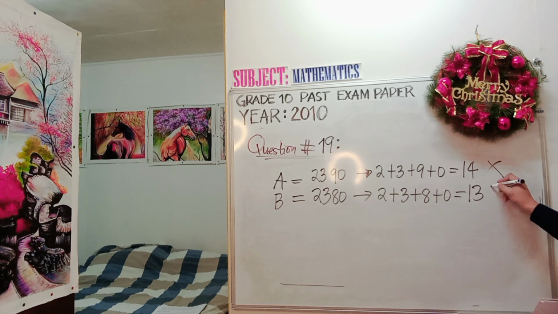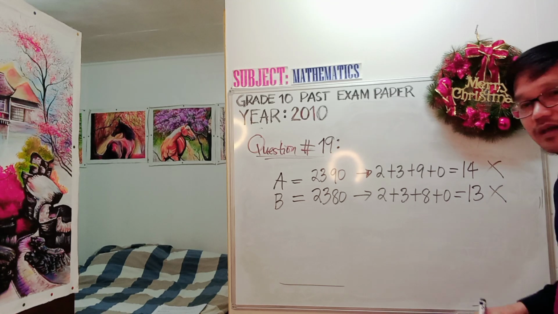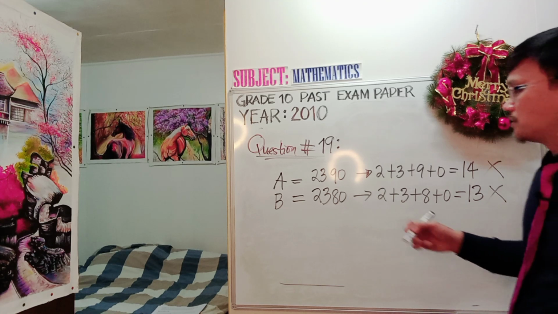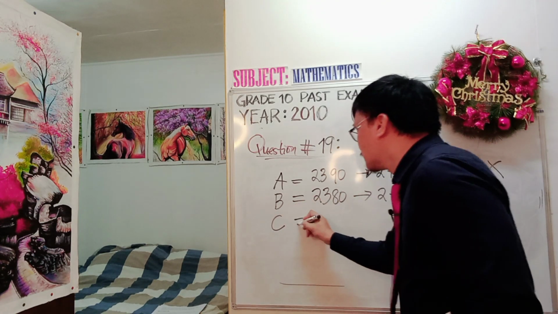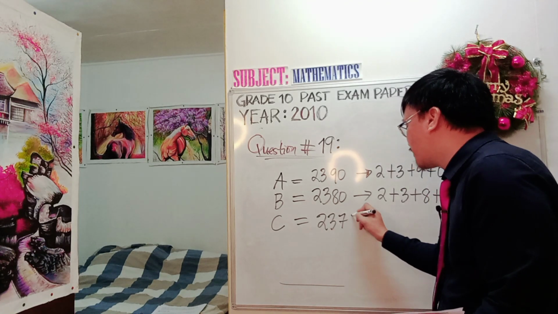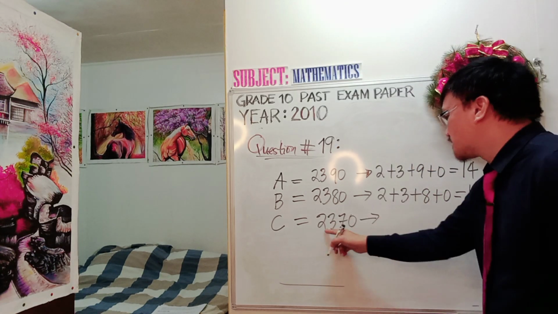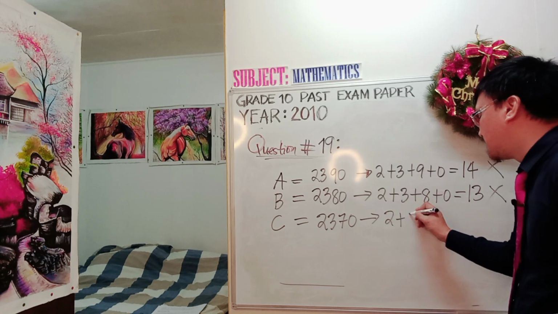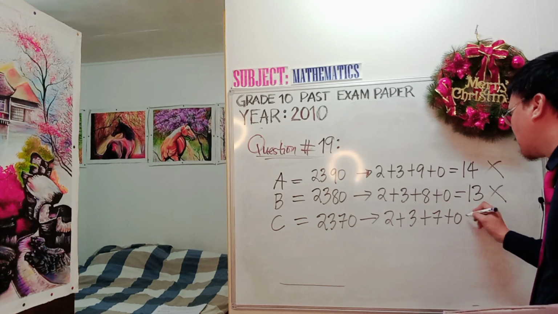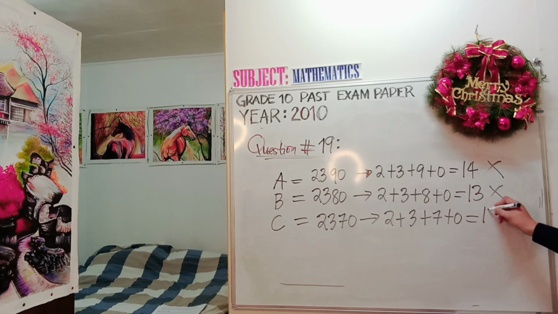Now, 13 is also not divisible by 3, meaning you cannot divide 13 by 3 and get a whole number. Letter C is 2, 3, 7, 0. Let's add 2 plus 3 plus 7 plus 0. The answer here is 12.